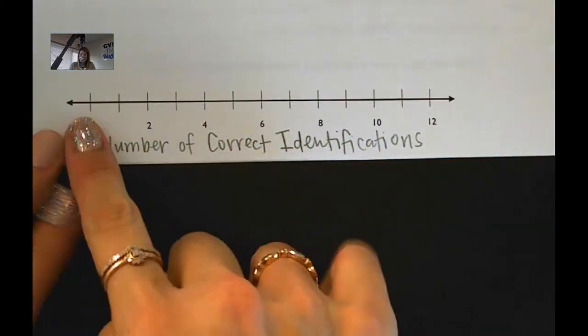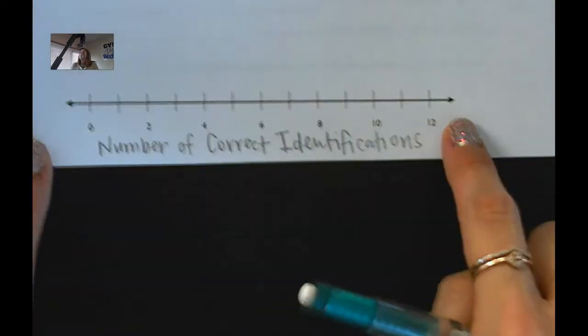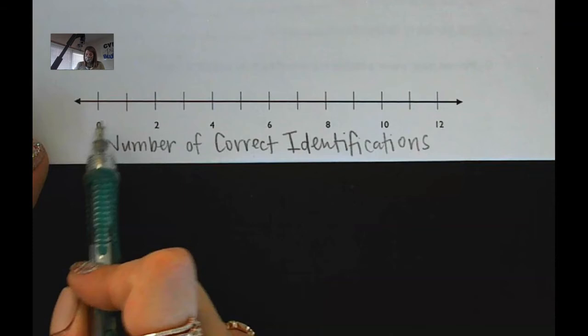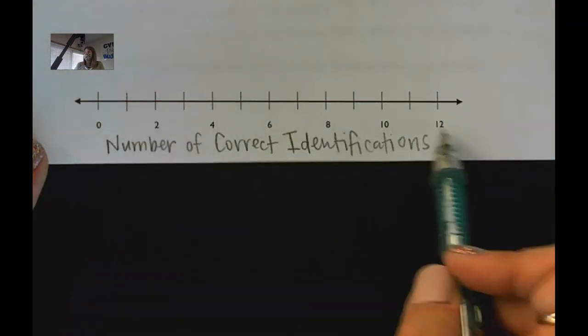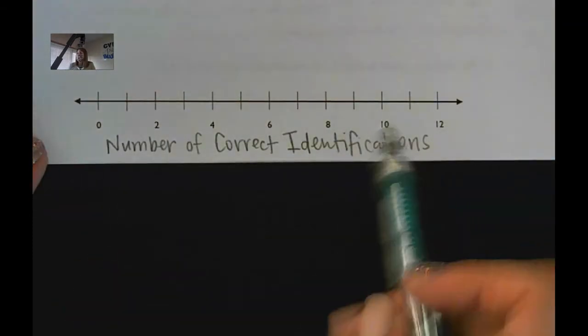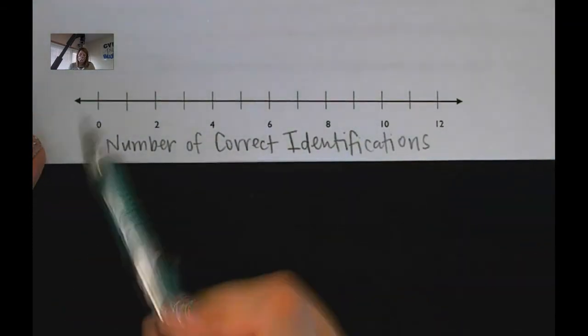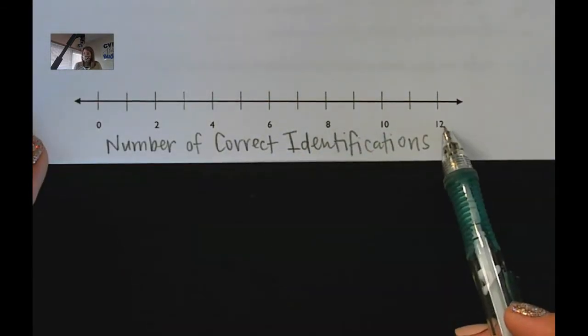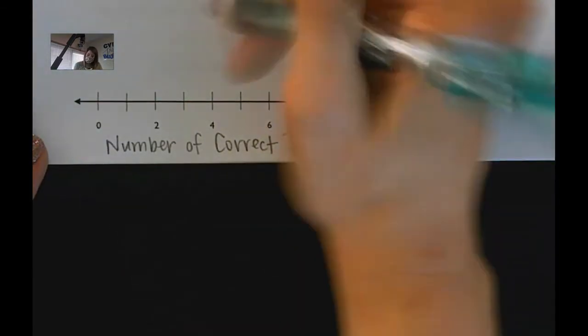And then the next thing that you would do is scale your axes. So what it means to scale is just to write the number on your axes. So these numbers, 0, 1, 2, all the way up to 12, represent how many you could have guessed right. So the least amount you could have guessed right is 0 and the most is 12. We can put my observation down first.